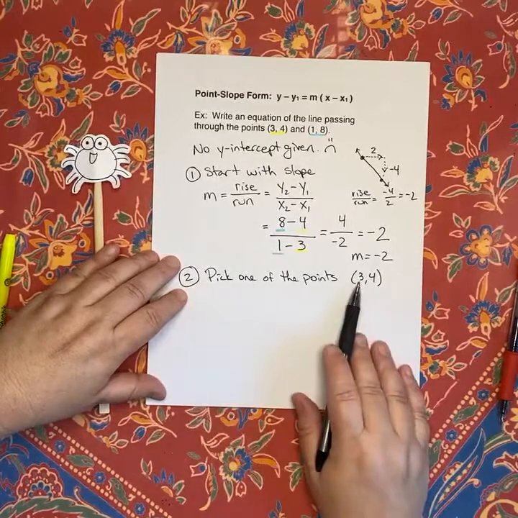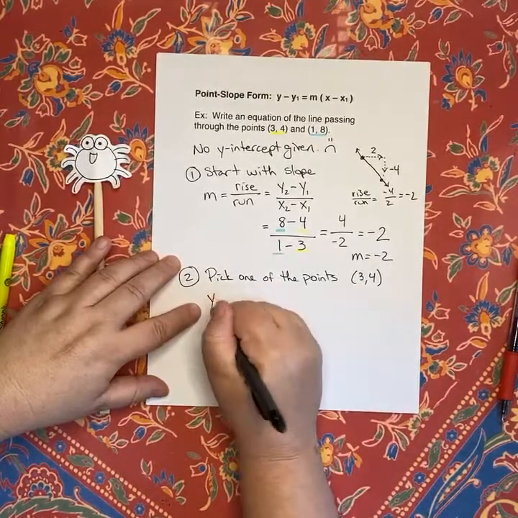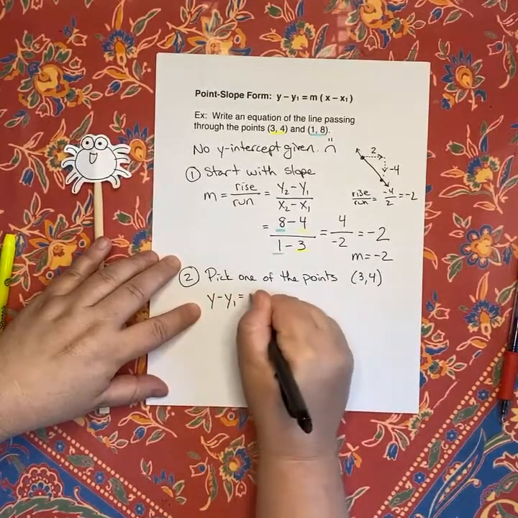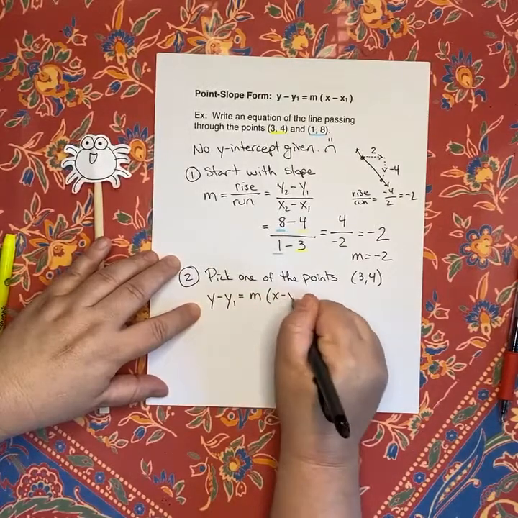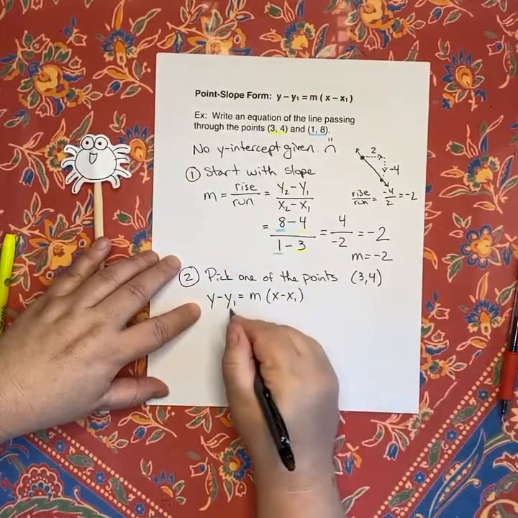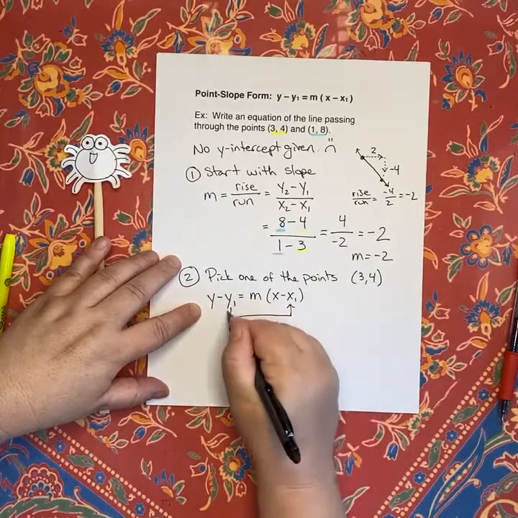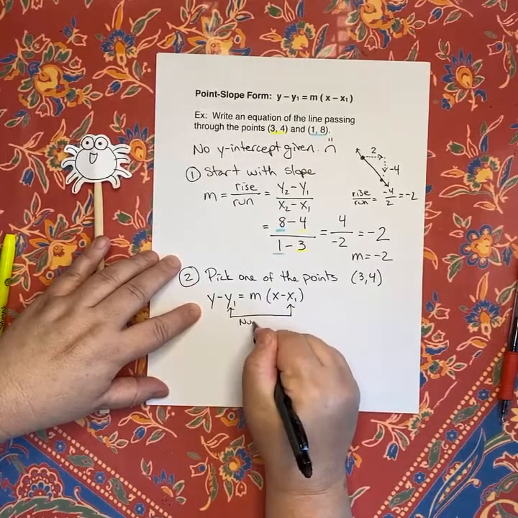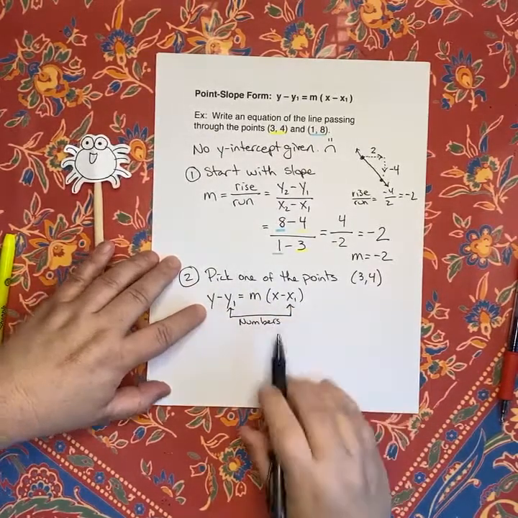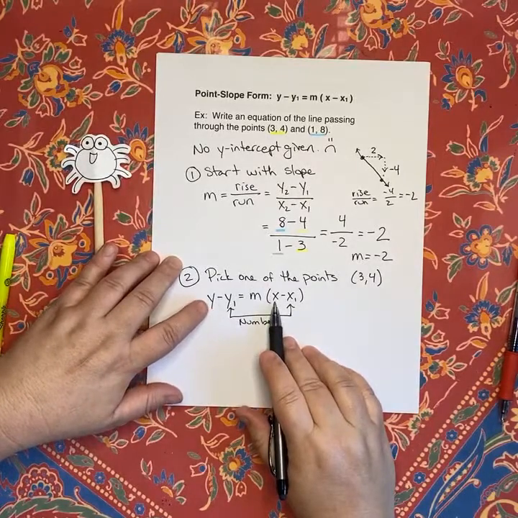So pick one of the points, 3, 4, and let's use the formula. The trick to the formula is to know that the subscripts are the numbers. And the variables don't have subscripts. So what does that mean?